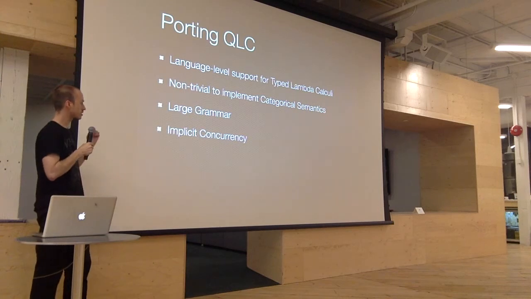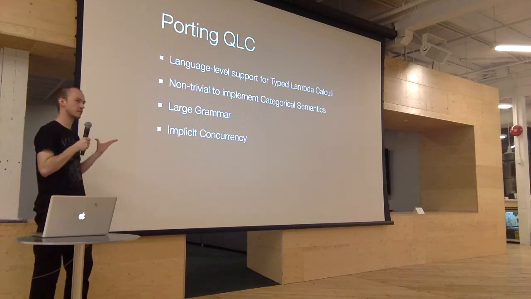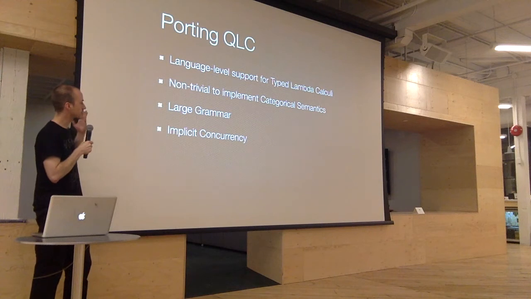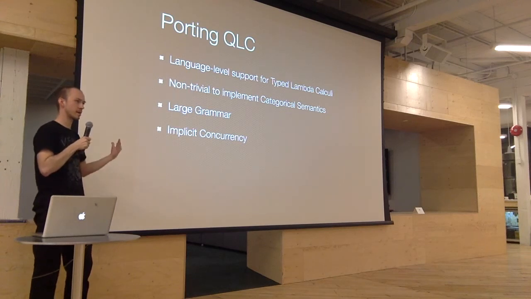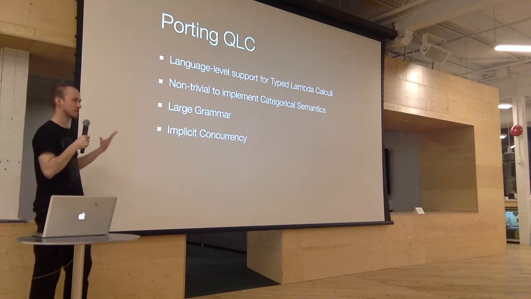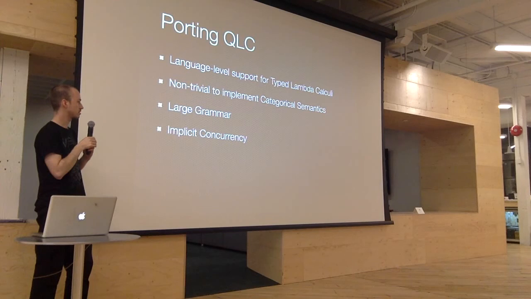The quantum lambda calculus also has a fairly large grammar compared to Church's original lambda calculus. And also, quantum computing kind of requires some concurrency, and you don't want to have to manually program that concurrent operation into your system. It's more convenient when it's just there, so that it behaves as you expect it to.